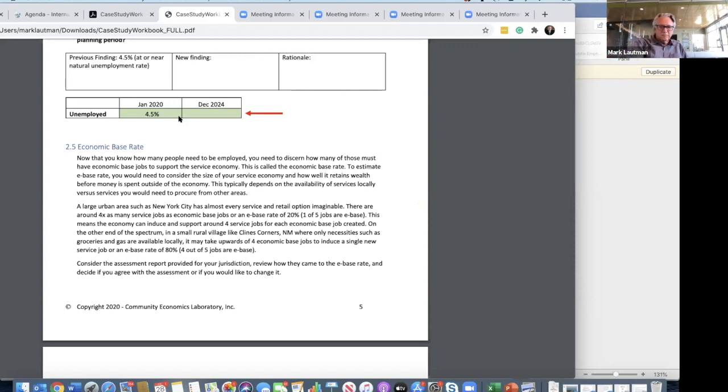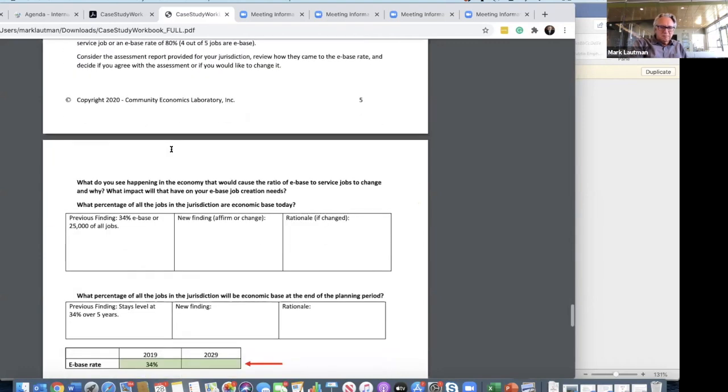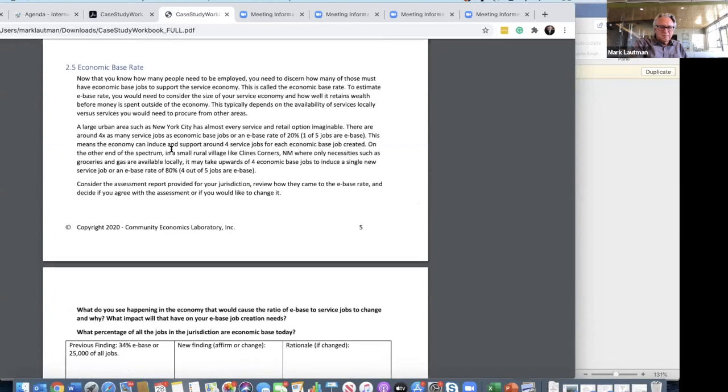And what you're looking at here, if you're looking 5 years out and your frictional is 4.5%, the question is, is your economy going to recover enough where you can keep it down at 4.5%? Or is there still going to be some additional structural unemployment that makes it higher, say 5 or 6%?